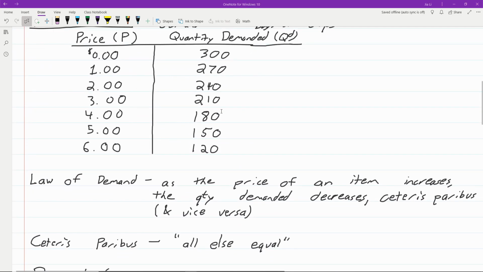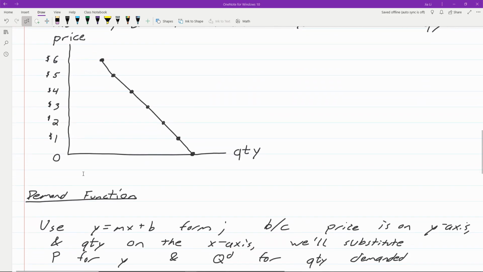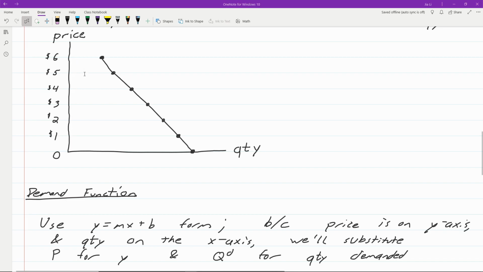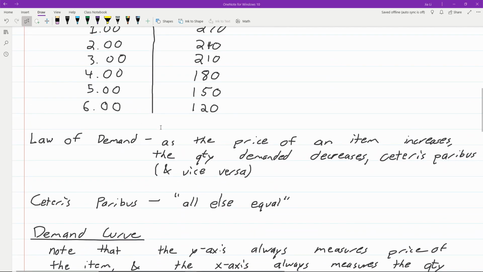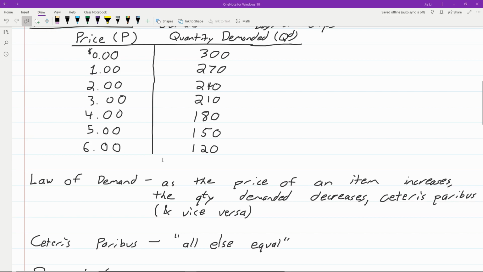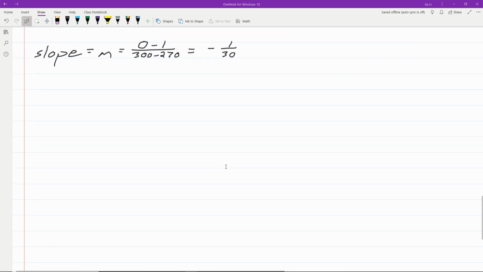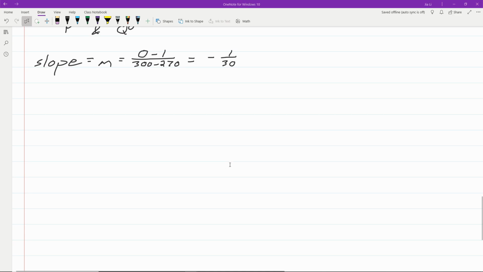Another way is to check to see where quantity demanded is 0 on the table, because if the quantity demanded is 0, then of course that means we're on the y-axis and we can check what price that is. But unfortunately, our table doesn't go that far. It doesn't show us when exactly our quantity demanded becomes 0. So there's a couple of different ways that we can solve for this mathematically.